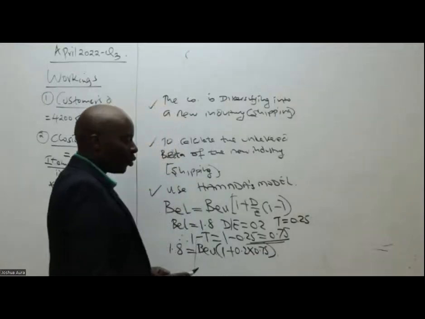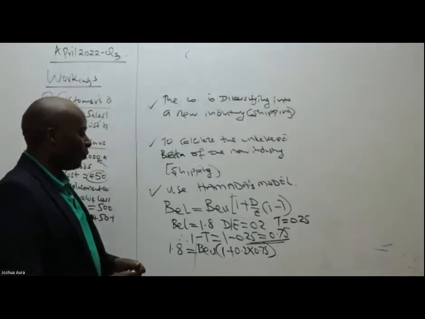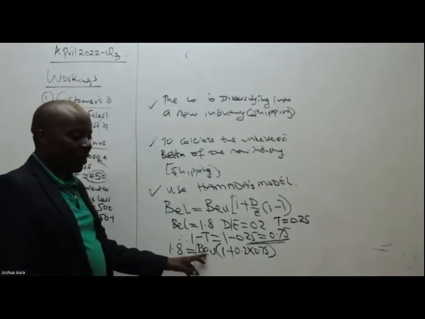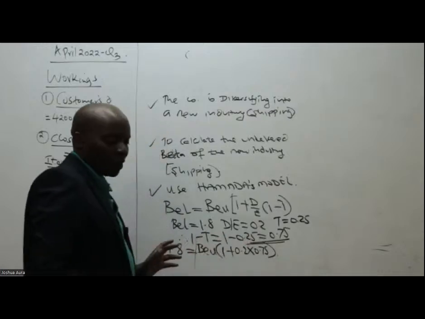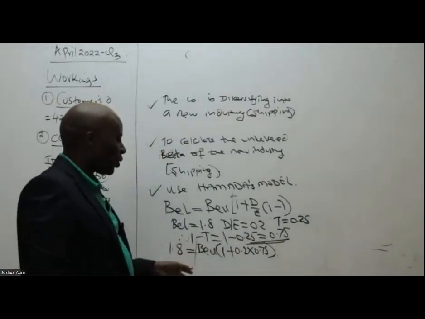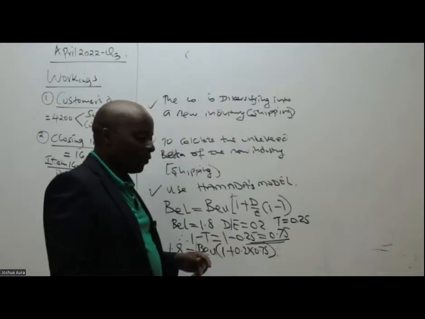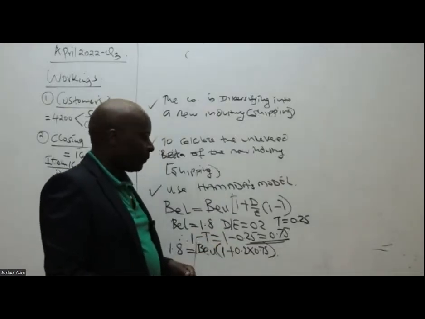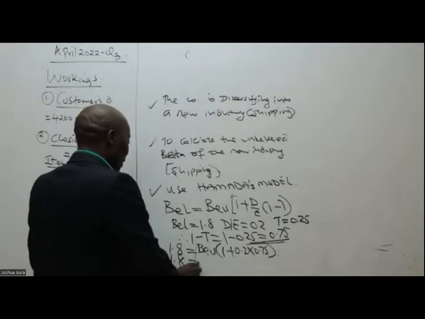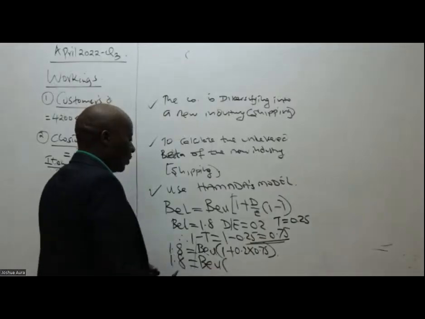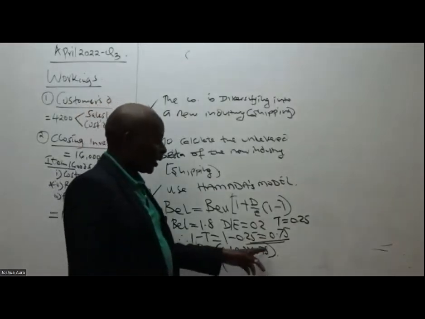Please go slowly until you give me beta equity of unlevered. First of all, give me whatever is in brackets, BODMAS: 1 plus 0.2 times 0.75. So we have 1.8 equals beta equity of unlevered times this.